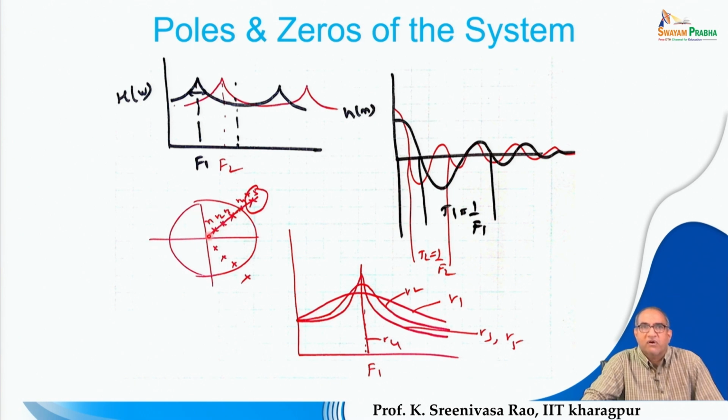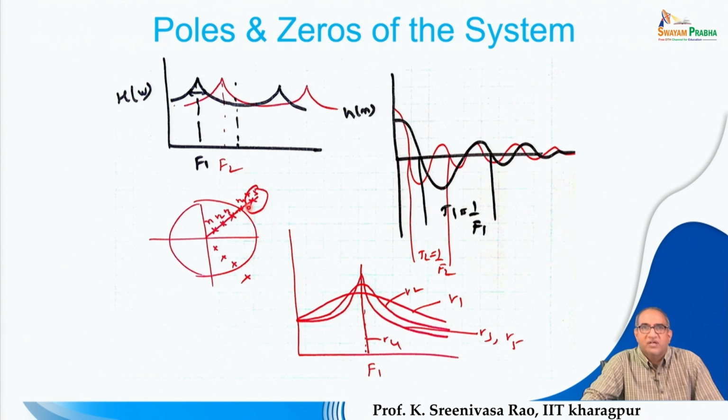R1 is very close to the origin, R2 is slightly away, R3 is further away, and R4 is on the unit circle. If a pole is on the unit circle, the bandwidth is almost 0, and the response is almost impulsive.